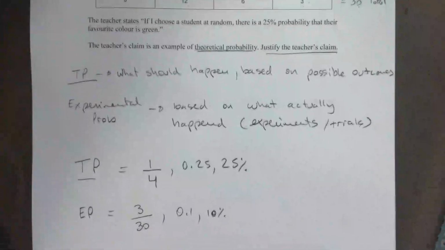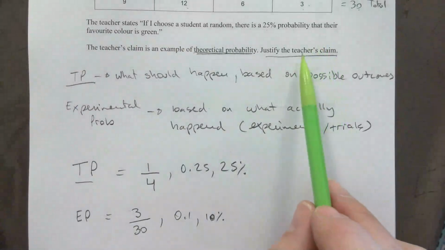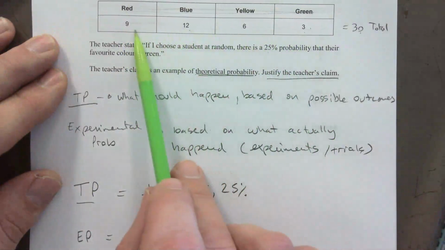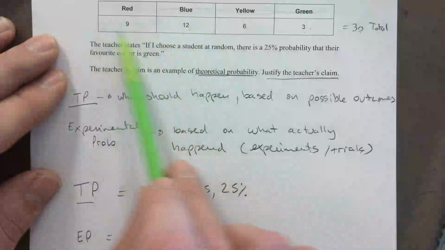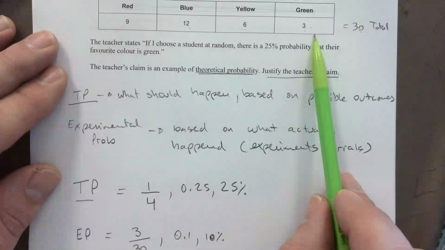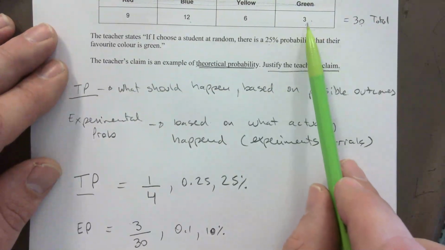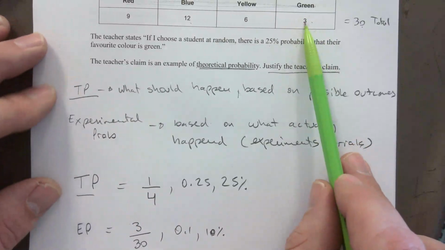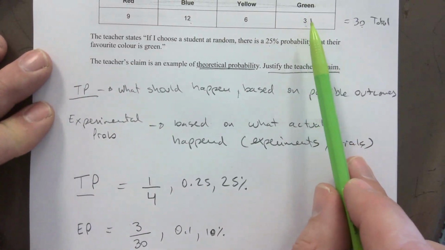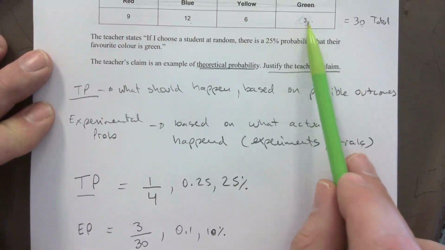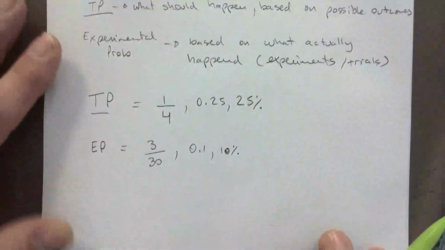Was the teacher correct? So this is what actually happened here. Is it true that if you ask a random student that it will be 25%? No, because 3 of those students chose green. Only 3. So the theoretical probability doesn't match here because this is what you have to go by as a teacher. So I'll just say this.